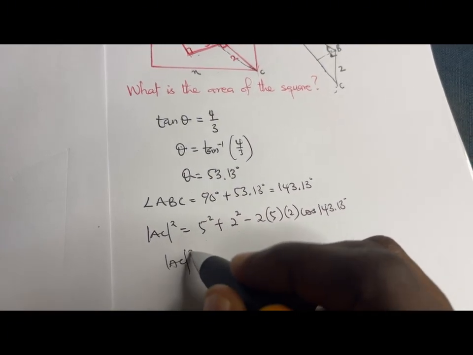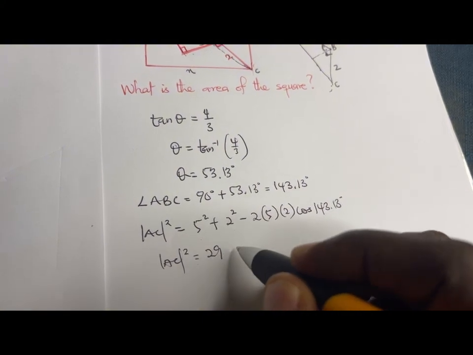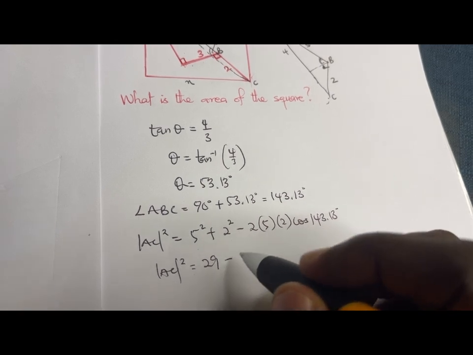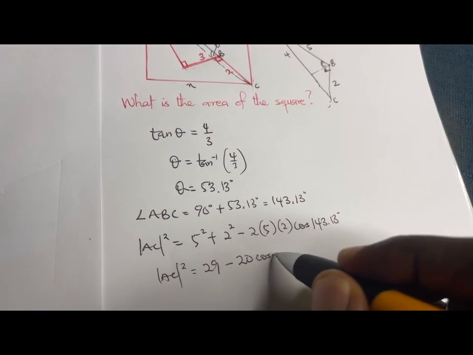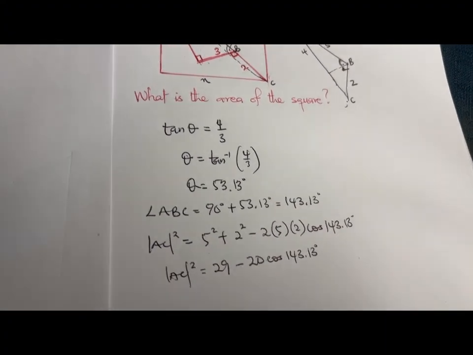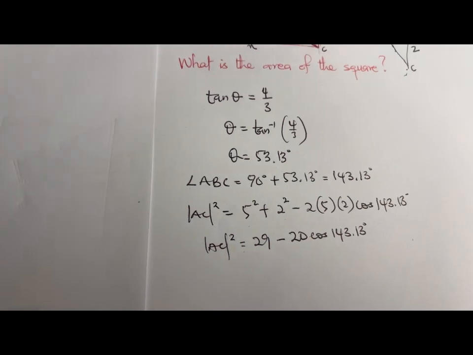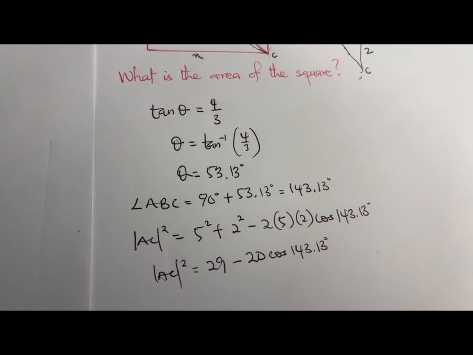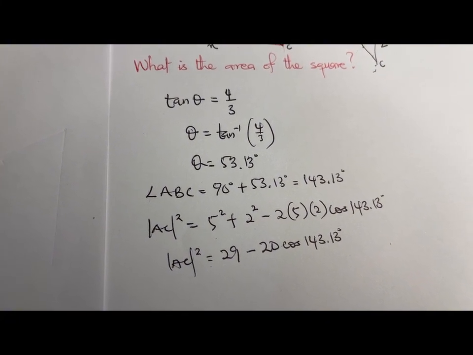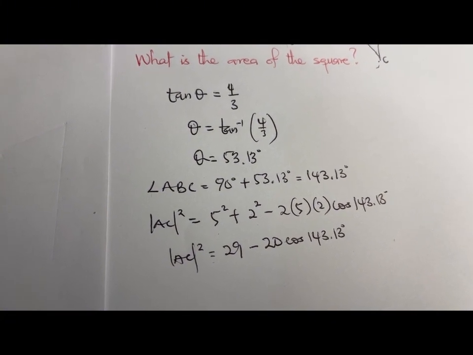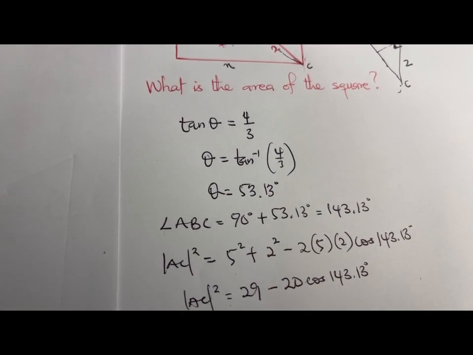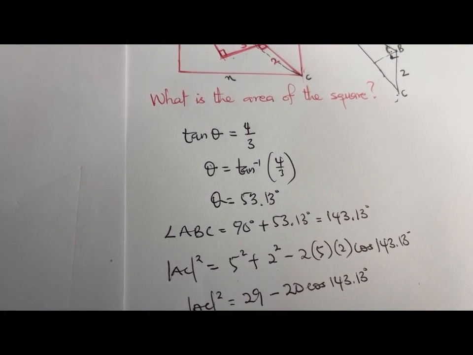So AC square equals 29 minus 20 cos 143.13 degrees. So in simplifying all, we have 20 cos 143.13, so that should be negative.